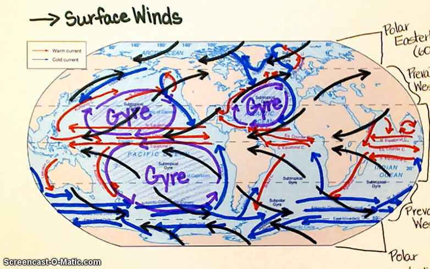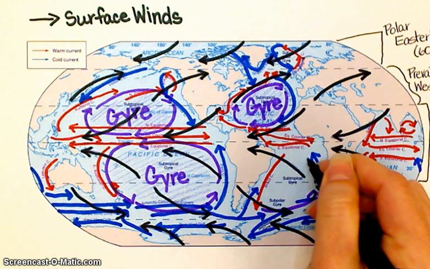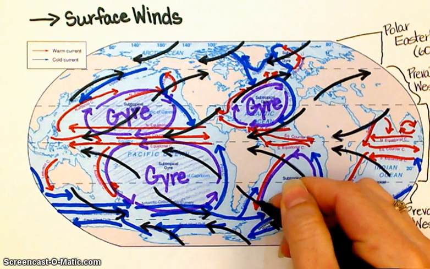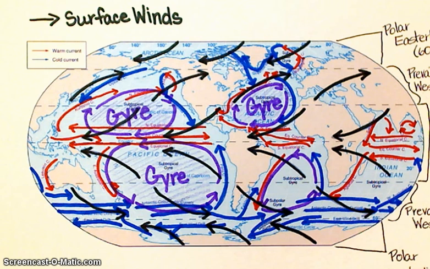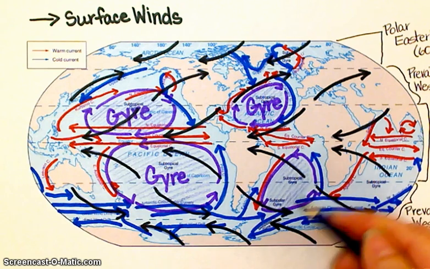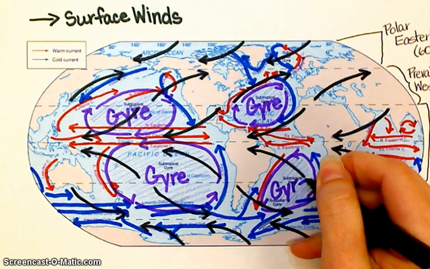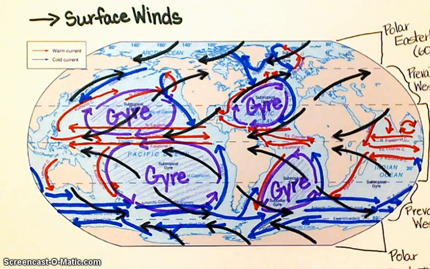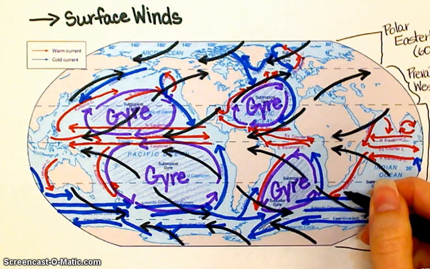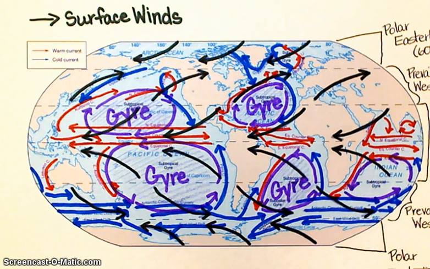Here is the South Atlantic gyre. And finally, we have one in the Indian Ocean, a circulation set up here. Okay.